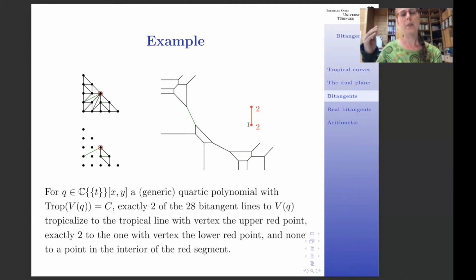When I say lifts, I mean going backwards under tropicalization. Yeah, so finding the bitangents to the algebraic quartic that tropicalize to these lines. So it has exactly 4 lifts, and those 4 lifts are divided as follows: 2 go to the upper vertex, 2 to the lower vertex, nobody to the inside.